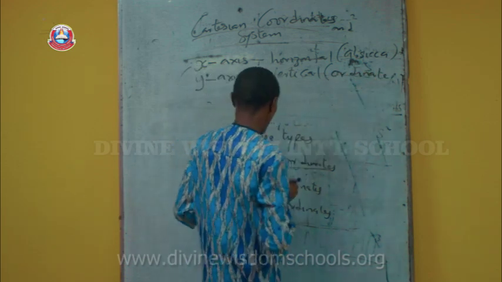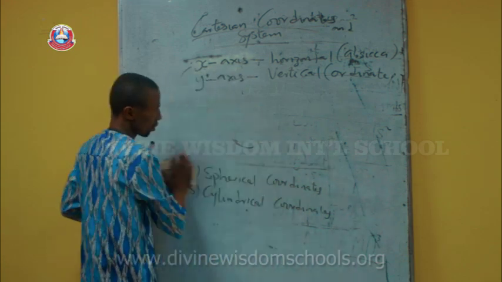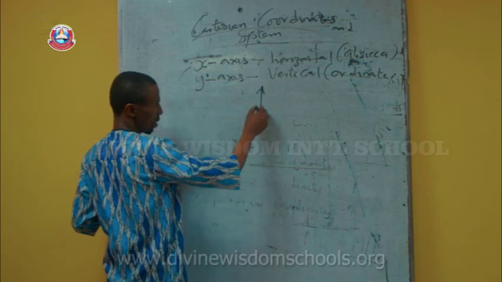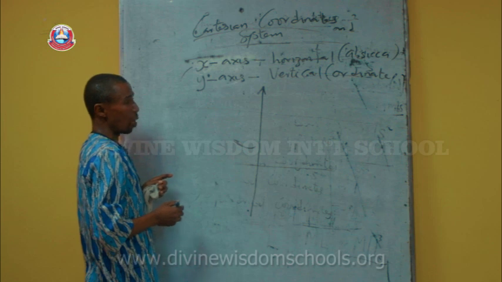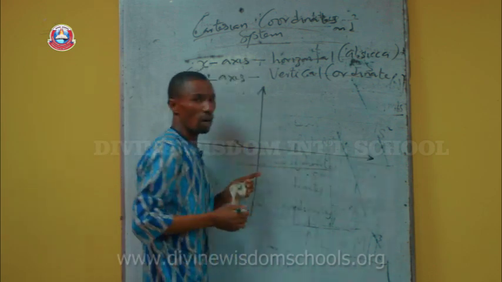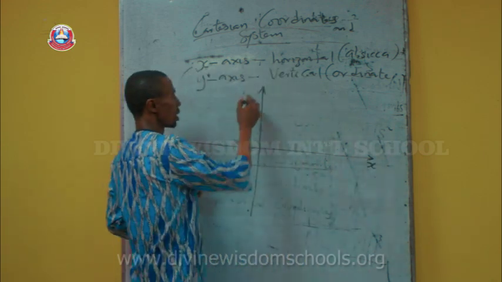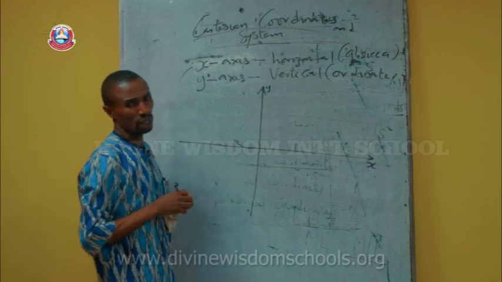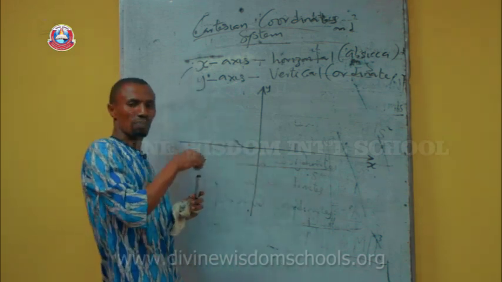So now let's put down the diagram of the Cartesian coordinate system. This is the vertical axis, which is called the y-axis, while the horizontal axis is called the x-axis. Now we talked about the location of a point in space with respect to what?